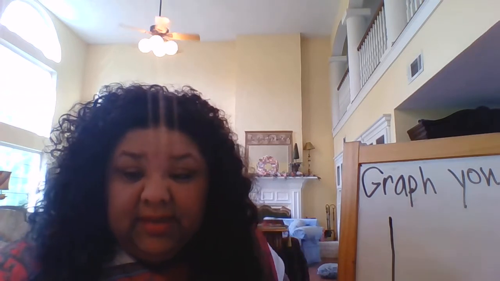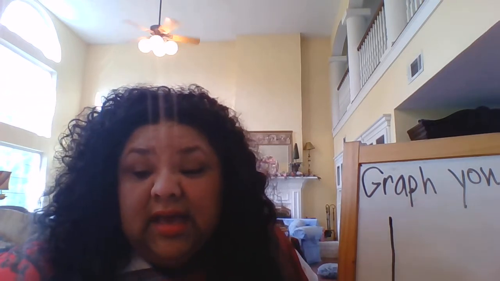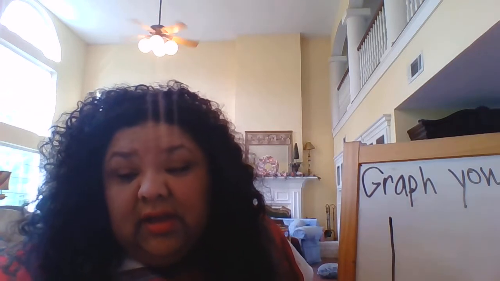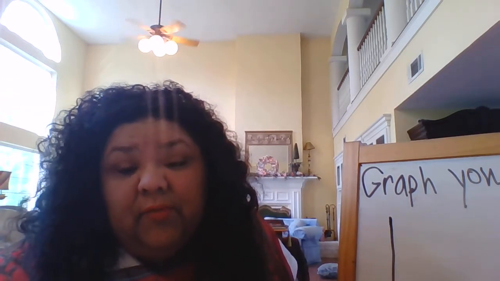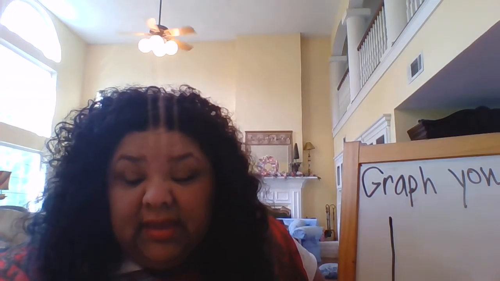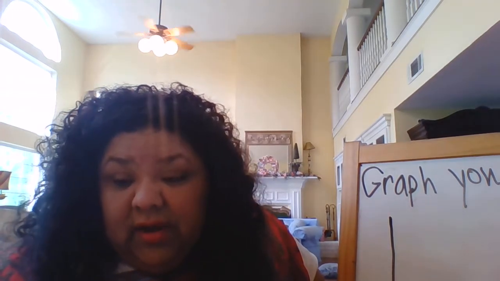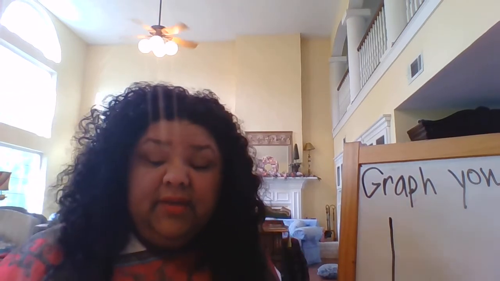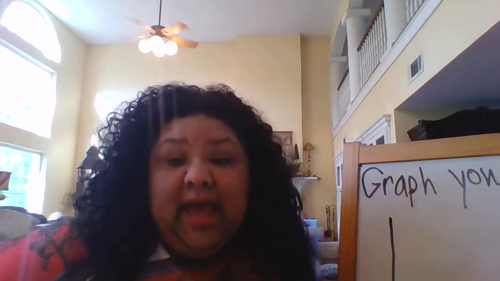When you think of a graph in math, it's defined as a picture or a representation or a diagram that represents values and quantities in an organized way. All that means is that it gives us information called data.